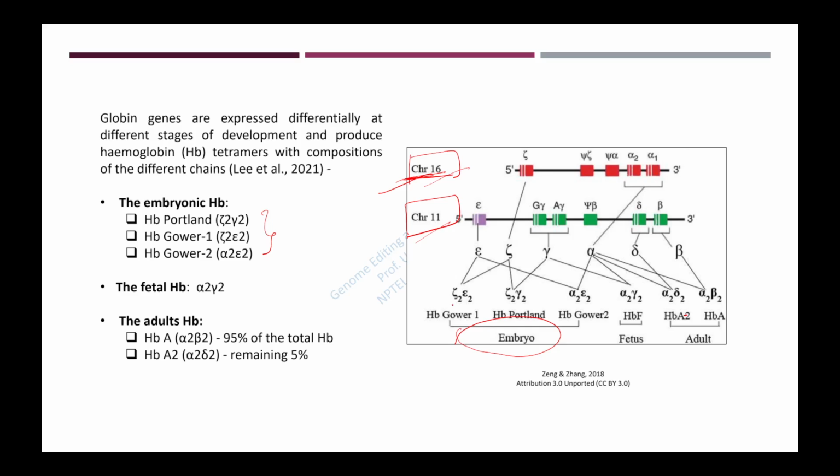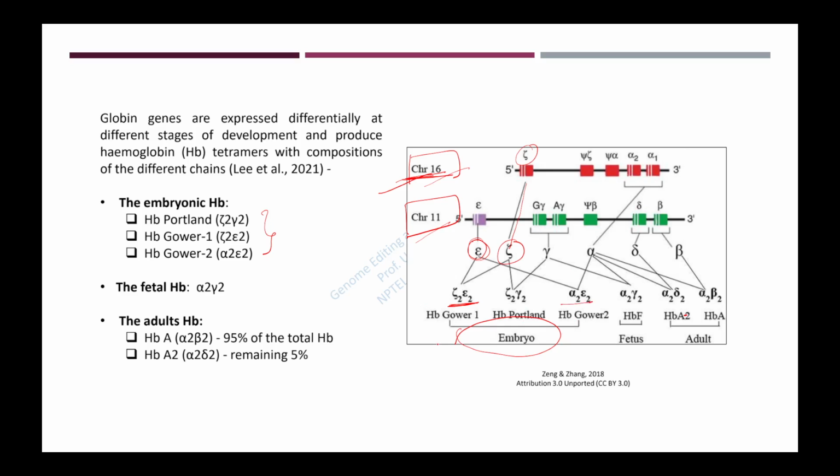That includes zeta 2 and epsilon 2. Epsilon is coded from chromosome 11, and zeta is coded from chromosome 16. Two of these subunits combine together and make the embryonic hemoglobin. So these are three different hemoglobins that are formed during the embryonic stage.